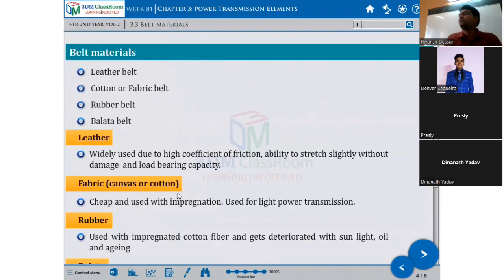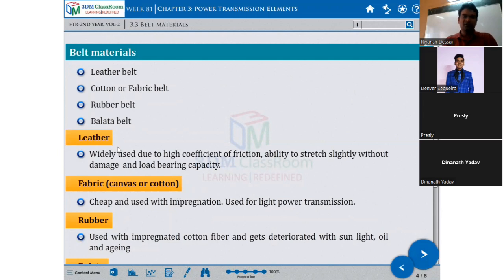Now, belt material. The material we use for the belt is often black in color. It is leather belt, cotton or fabric belt, rubber belt, and balata belt. So these are the four materials used for making the belt.